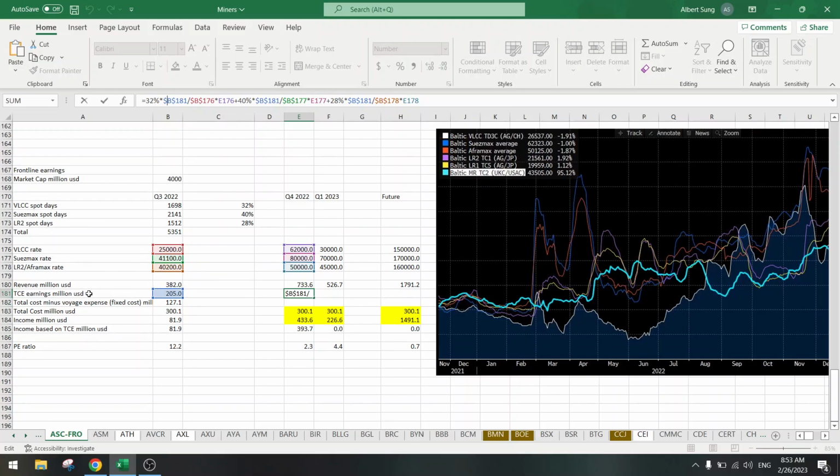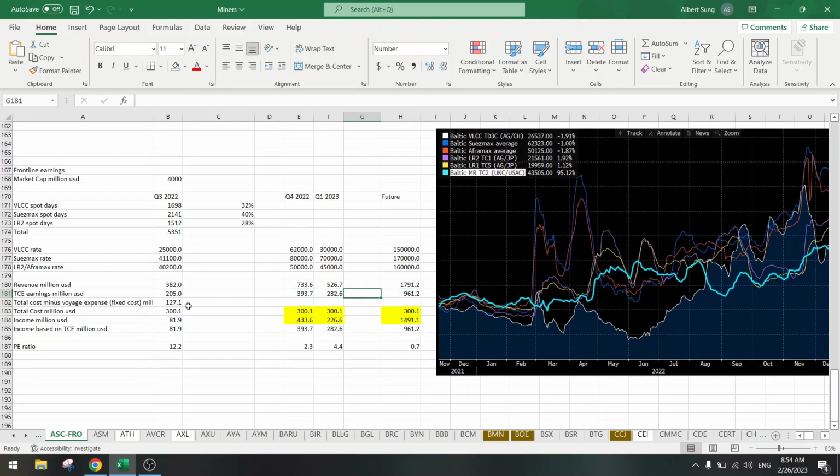But we use the TCE earnings. Okay, that looks good. Now what is the total cost minus expense? Yeah, that's the same because that should be a fixed cost, I think. So this should just be the same. And then we have the earnings. So the earnings are lower now.